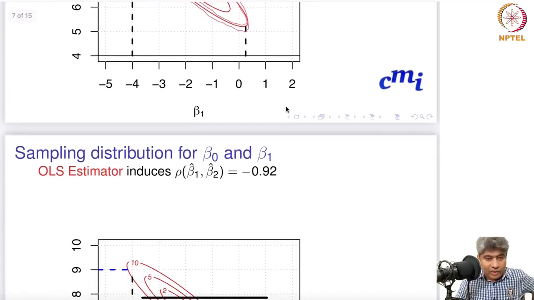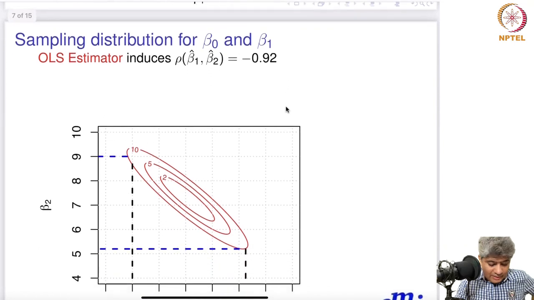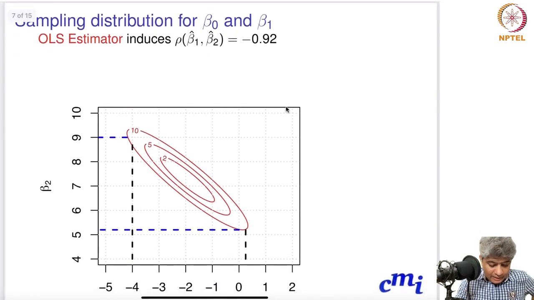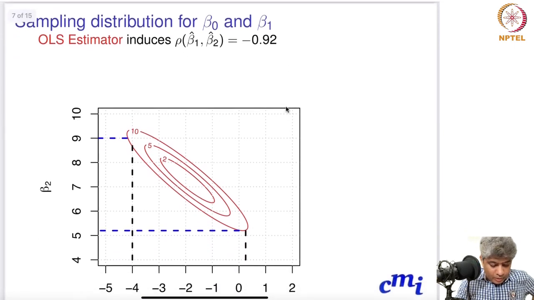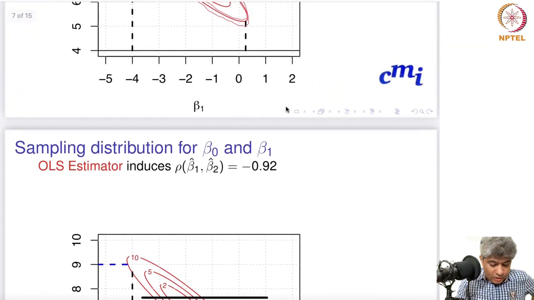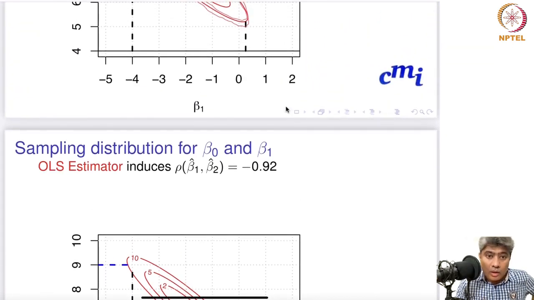Now what is happening is that whatever correlation you are seeing between X1 and X2 is getting induced in the sampling distribution of β hat.